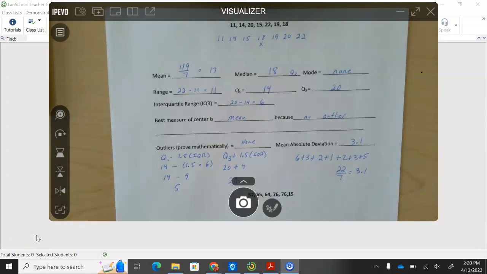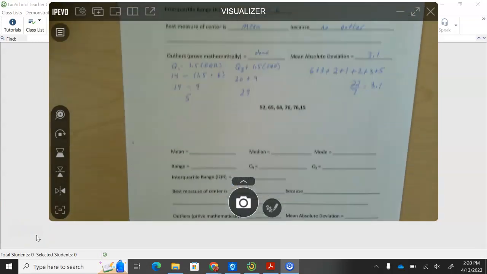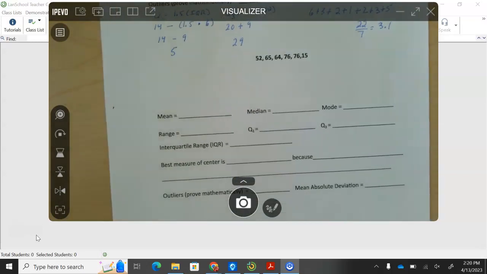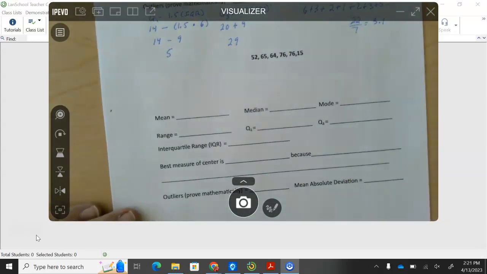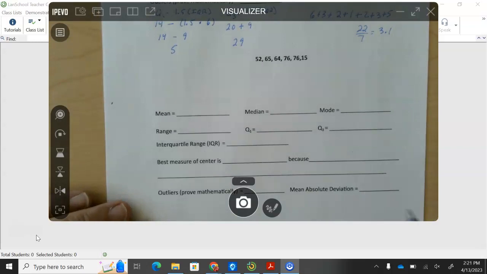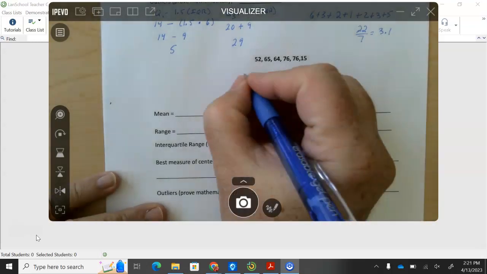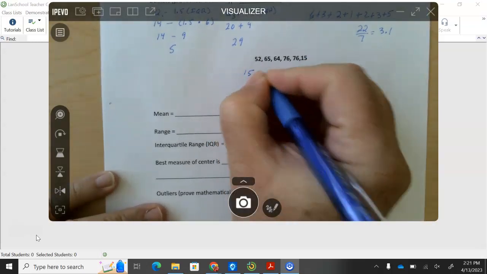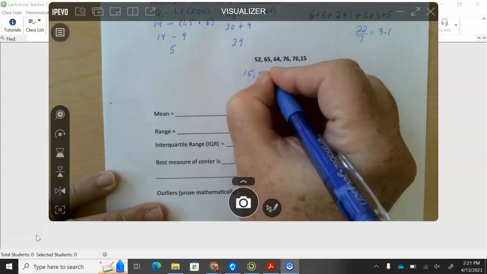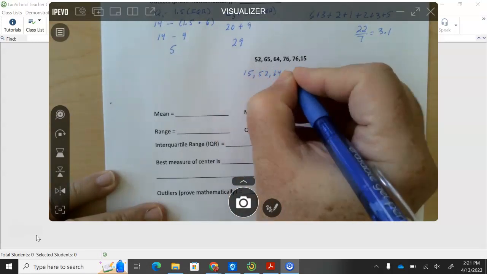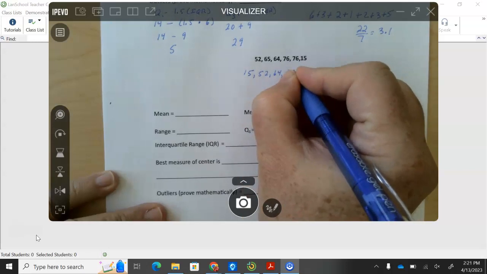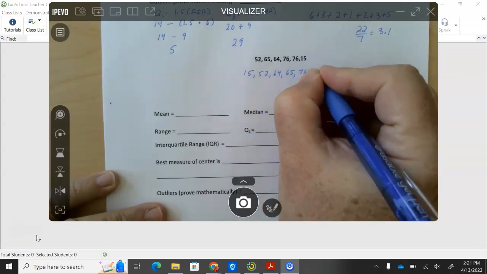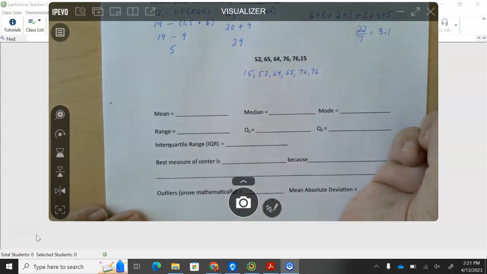Okay, we're going to go ahead and move down to our next data set. So here's my new data set. Let's put these in order also. So 50, and then 52, 64, 65, 76, and 76.